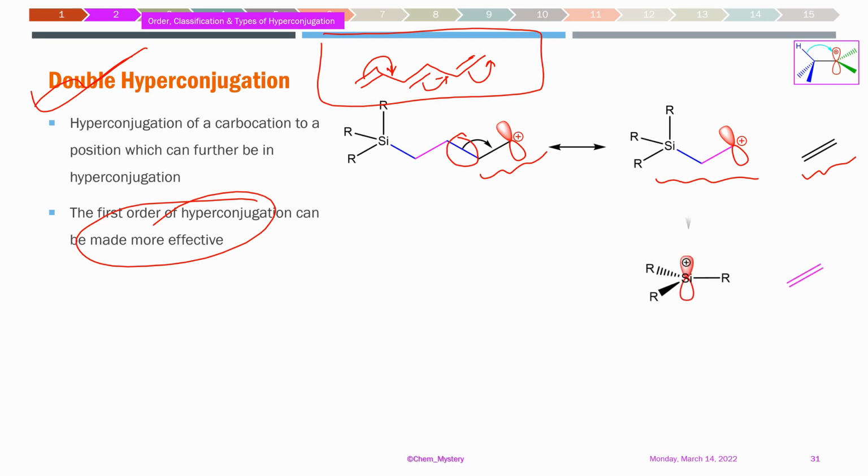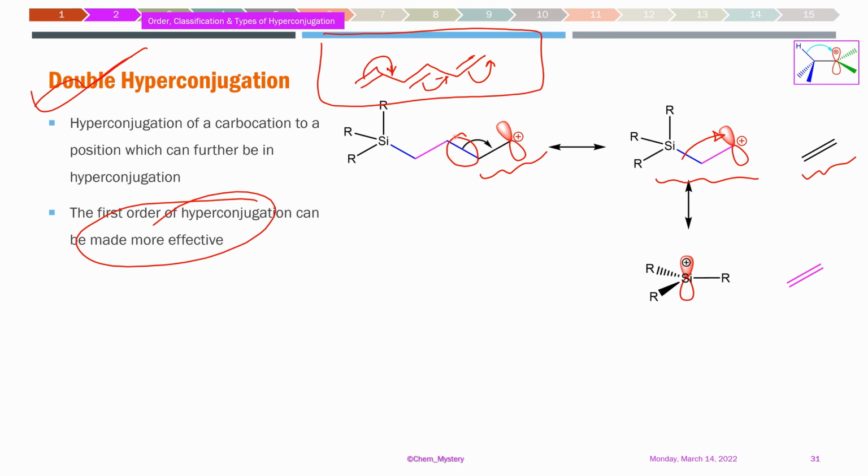This first hyperconjugation, the carbon-carbon bond being delocalized, is otherwise very unlikely to take place, or wherever it is happening, it has a much smaller effect than the normal alpha carbon-hydrogen hyperconjugation. This is being facilitated by what? By this second hyperconjugation. So this step plus this step, if you put both together, is what we are calling double hyperconjugation.